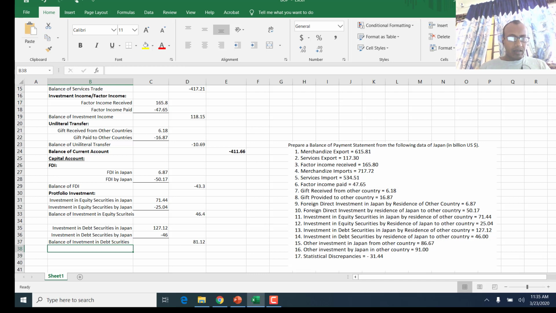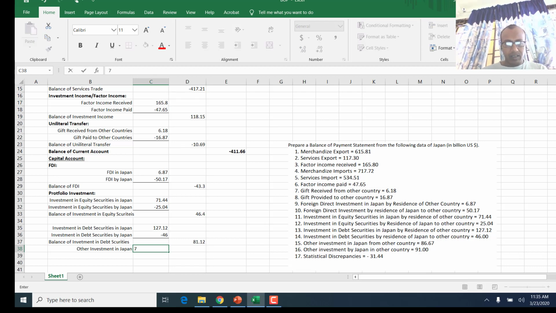Then there is other investment. Other investment in Japan is 86.67, sorry, 86.67 in transaction 15.